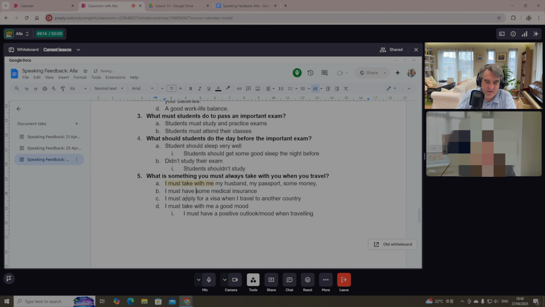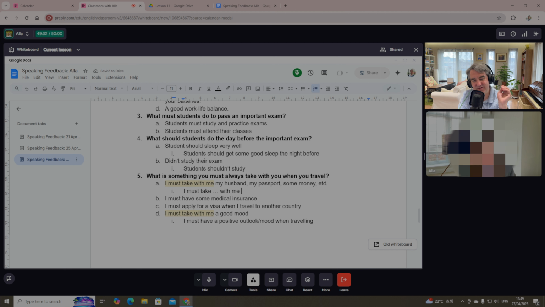Okay, well, one thing I want us to look at is you mentioned I must take with me blah, blah, blah. But in English, we tend to say I must take blah, blah, blah with me. So I must take my husband with me. I must take my passport with me. So we just move with me towards the end of the sentence.